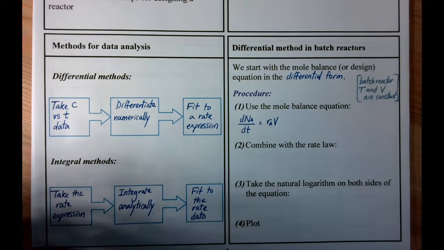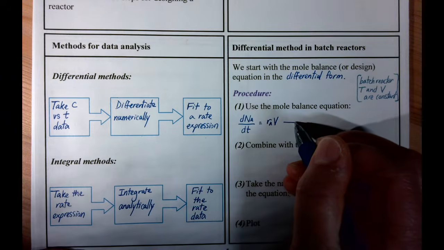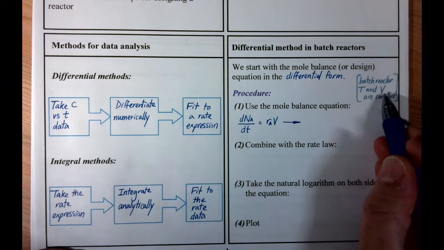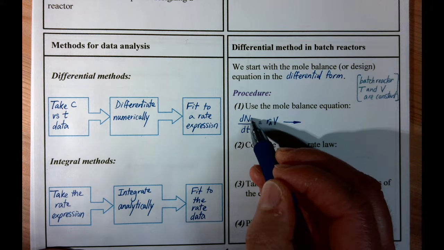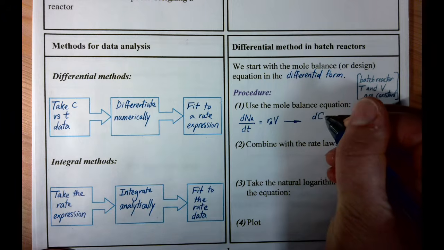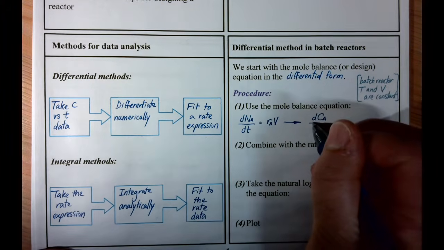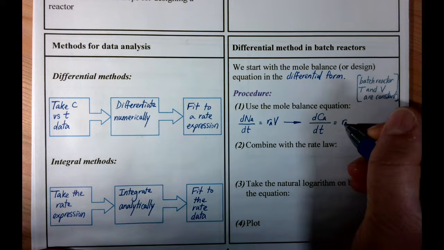We're not using the integrated form, but the differential form. And from here, because we said that the volume is constant, we can take this volume term to this side, divided by NA, and now the expression becomes dCA/dt is equal to RA.